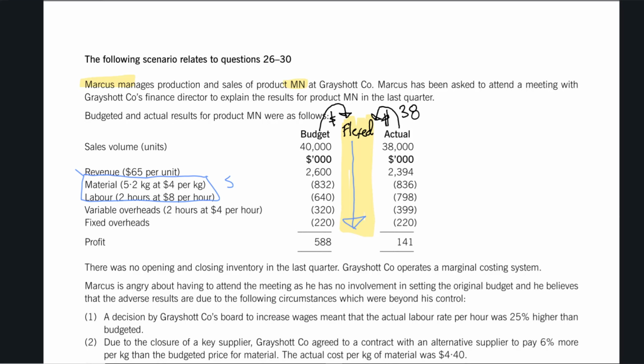We need to get the actual costs per unit for materials and labor. Look at this. They give us the actual spend here, but they didn't break that down to the kilos and the hours and the cost per kilo and the cost per hour.